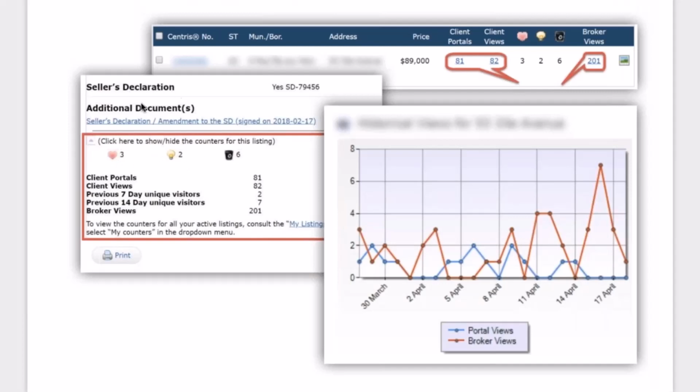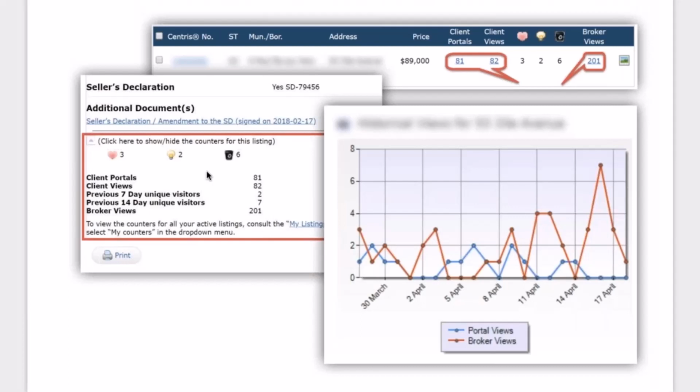So these are very important counters because it's your targeted clientele. If you don't have a lot of traction there and the numbers aren't good, you probably have to adjust your listing, okay?